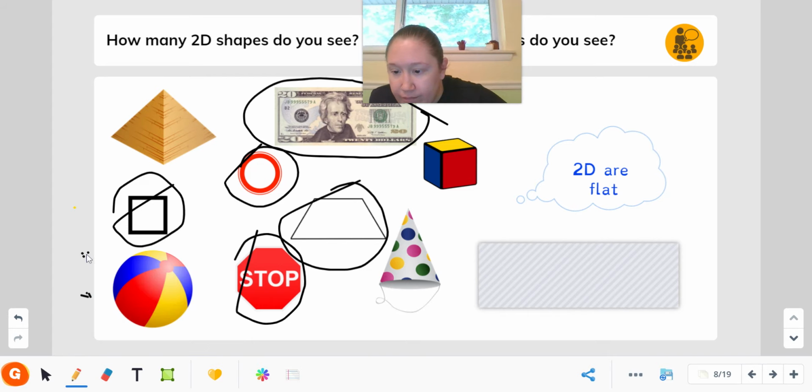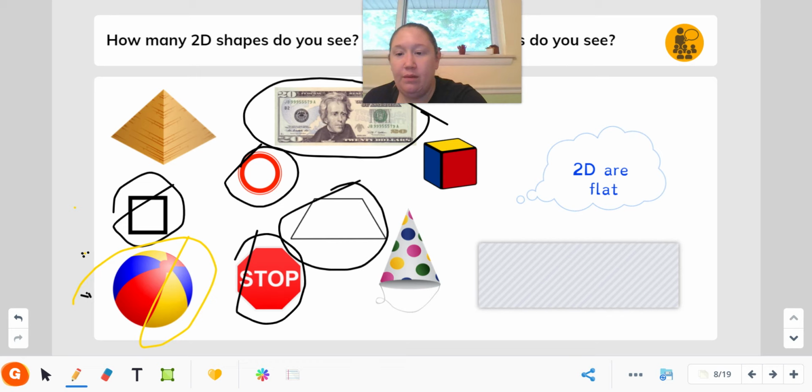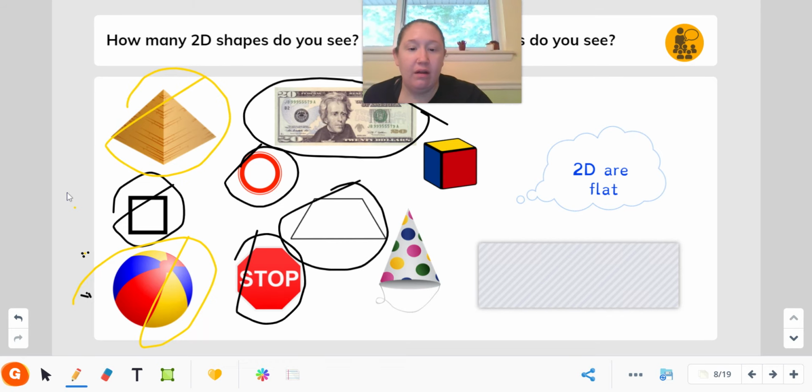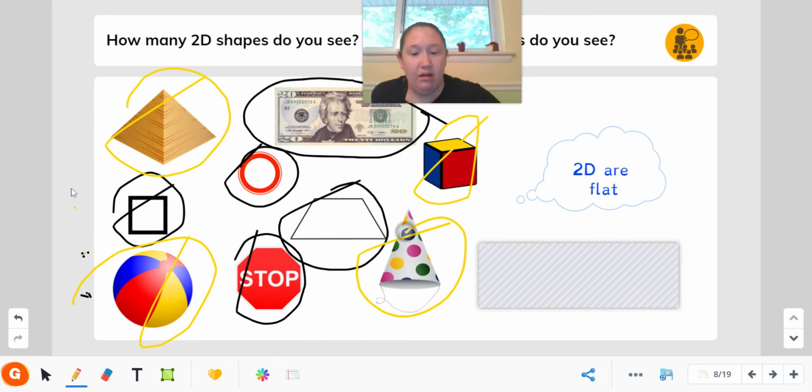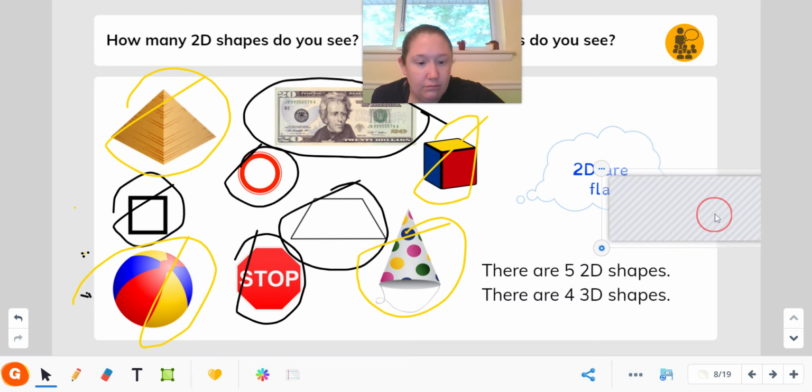Okay, 3D shapes. So these are shapes with faces. This ball right here is 3D. Pyramid, we learned about that. A cube. And this party hat. So there are 5 2D shapes.